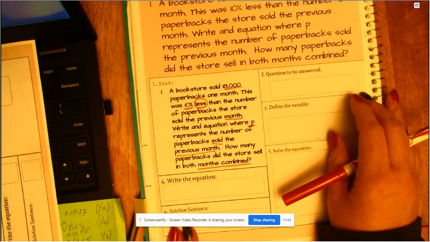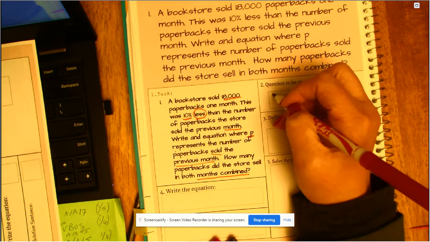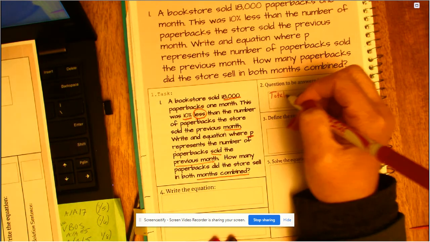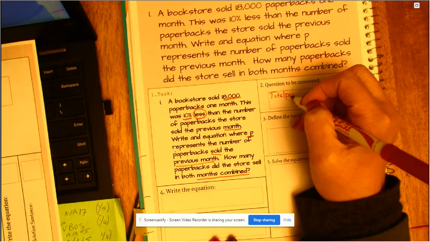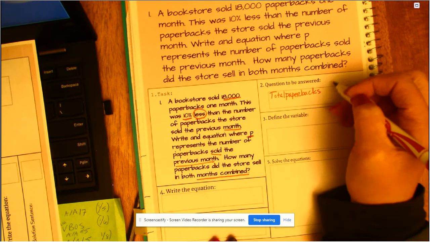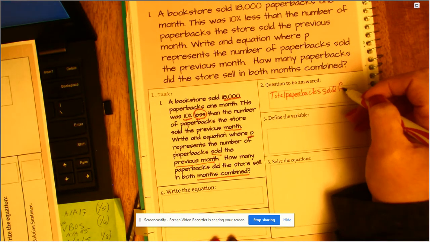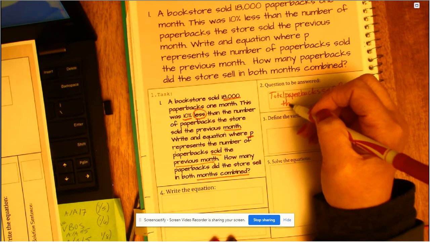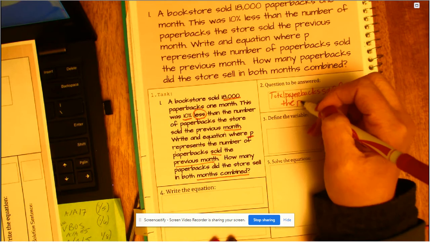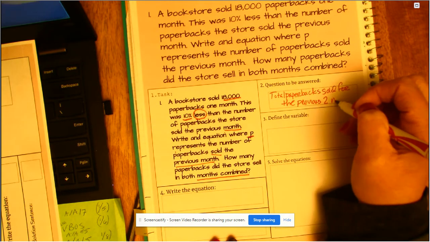Okay, so the question to be answered: total paperbacks sold for the previous 2 months, or 2 months.